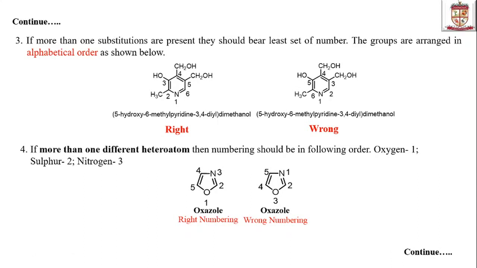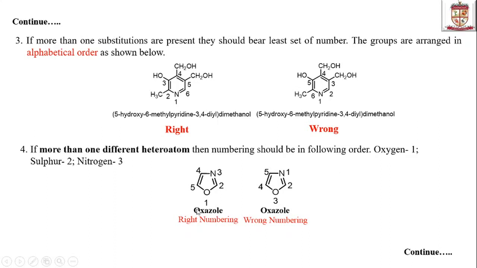In that case the numbering should give the lowest possible number to the oxygen, that means 1, then 2, and the lowest possible number, that is 3, is given to the nitrogen, followed by 4 and 5. This is the right way of numbering, because as per rule number 4, if there is more than one different heteroatom, then numbers should be given in order.